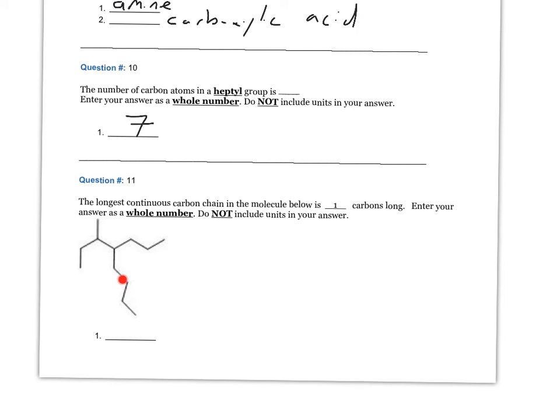This is 1, 2, 3, 4. So 1, 2, 3, 1, 2, 3, 1. Start where you have the most carbon before you have a bridge or an intersection. 1, 2, 3, 4, 5.